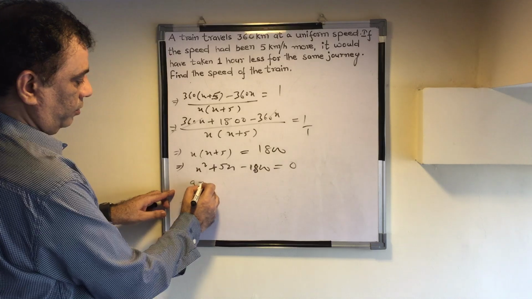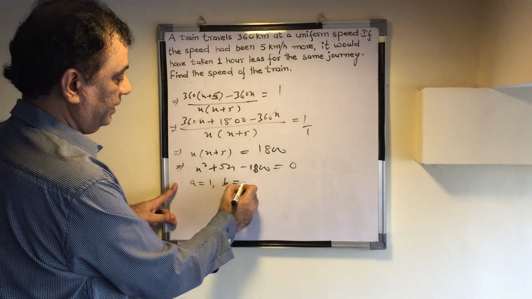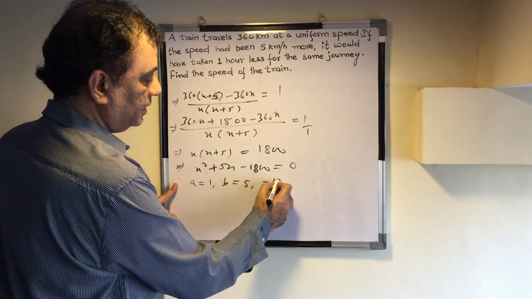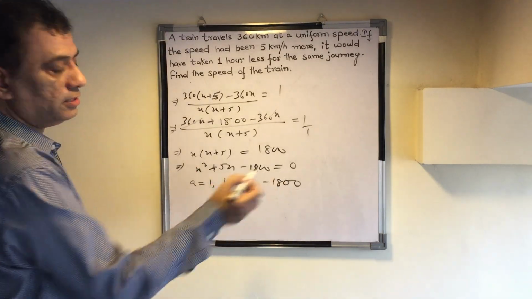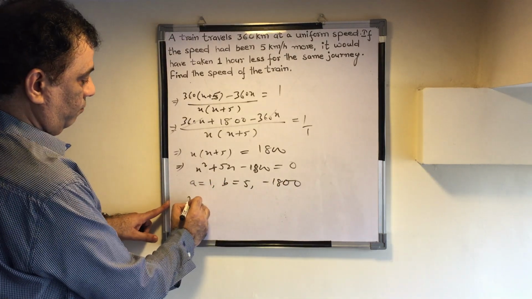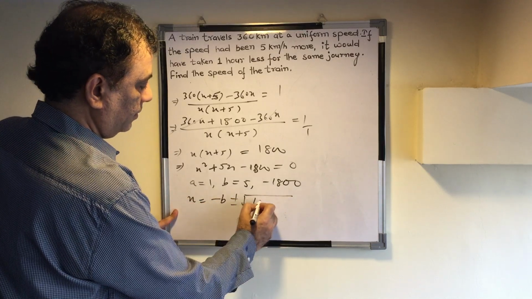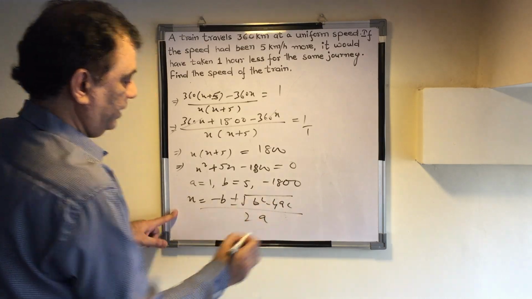First, the coefficient of x square is a, the coefficient of x is b, and the constant term is c. So a is 1, b is 5, c is minus 1800. The quadratic formula: x equals minus b plus minus root of b square minus 4ac, upon 2a.